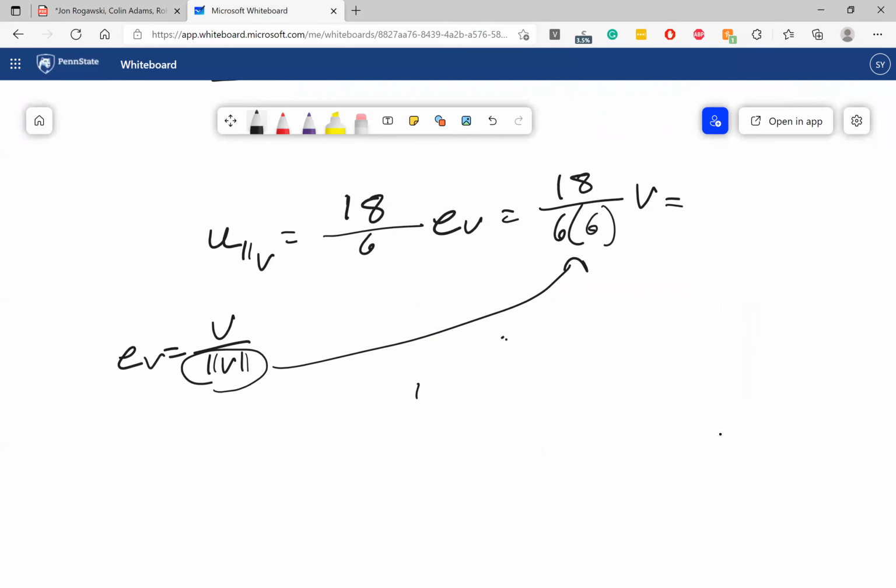So this is 18 divided by 36 times 4, 4, 2.